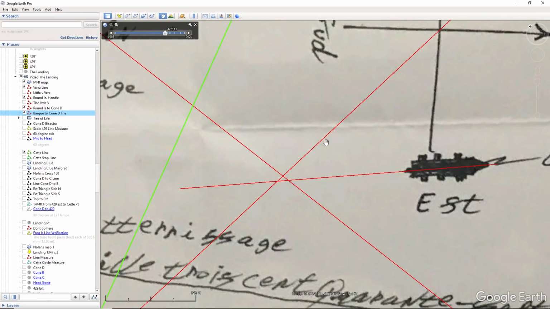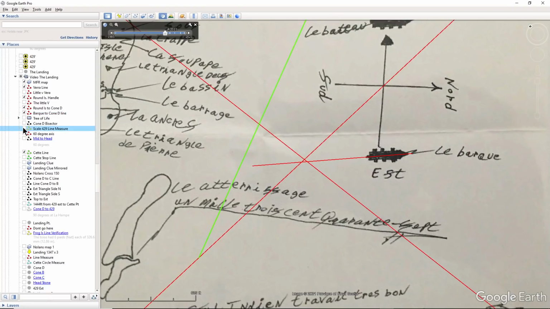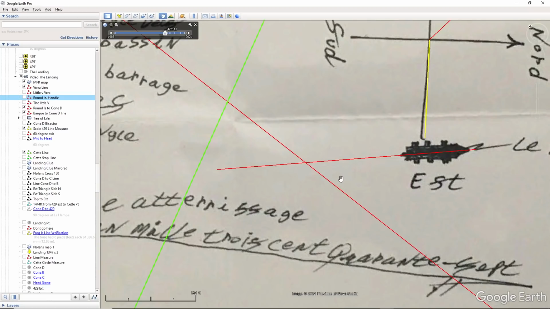And this measurement here will become a perpendicular line. Let's take this Round Island handle off. When we look at this here, we use some Euclidean construction and we bisect these angles, and then we can set our perpendicular line to that. And that's where we're at.